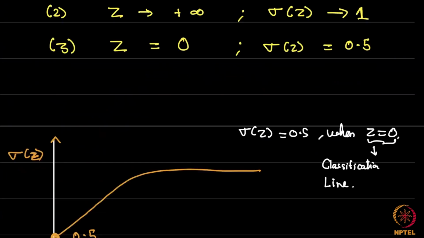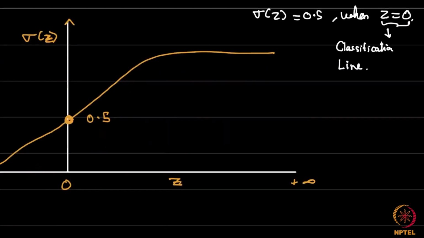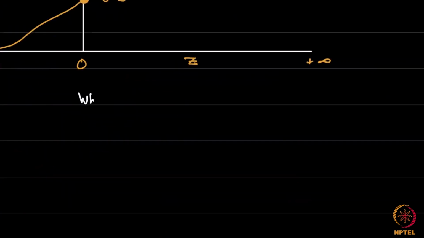Fine. But what I have here on the x-axis is x. It's not z. So how do I set that? Now notice, let us say arbitrarily, I say that this boundary should happen at 117. Okay. So I will say something like when x equal to 117, z is equal to 0.